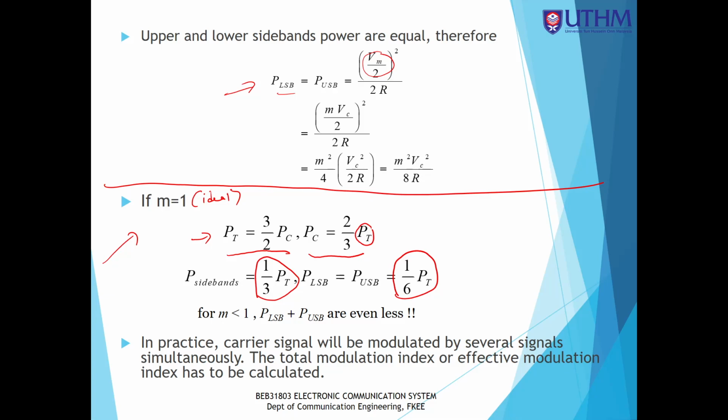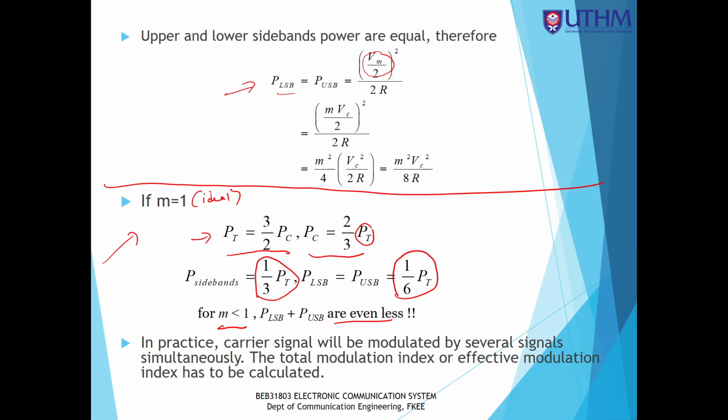And if we look at under modulation, PLSB plus PUSB, the sideband power becomes even smaller during the non-ideal case. Because even during the ideal case, the sideband power is low, during the non-ideal case the sideband power will become much lower, which is not good.